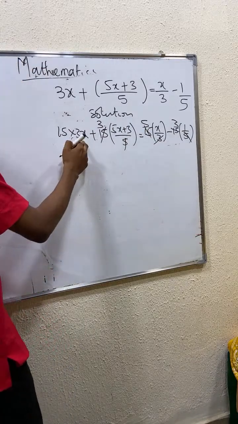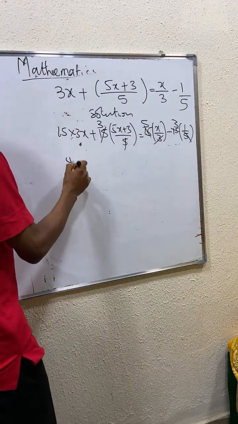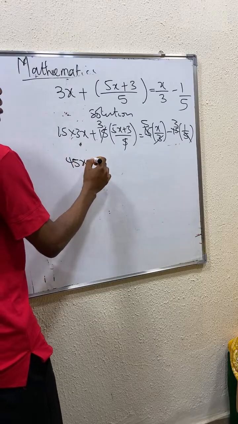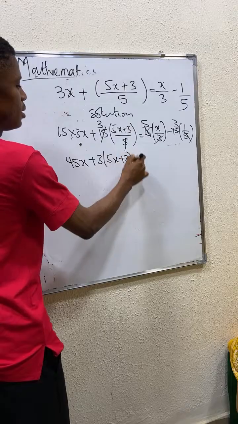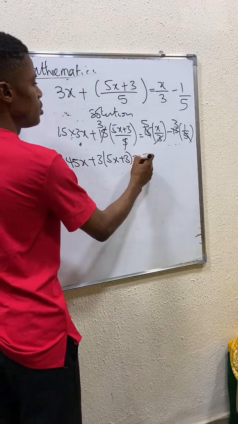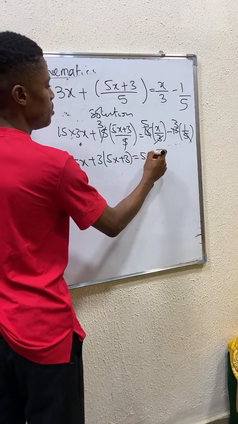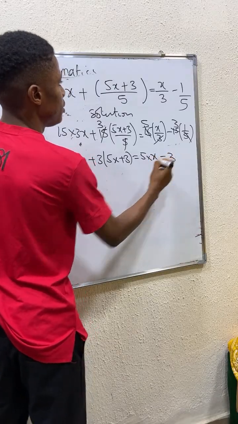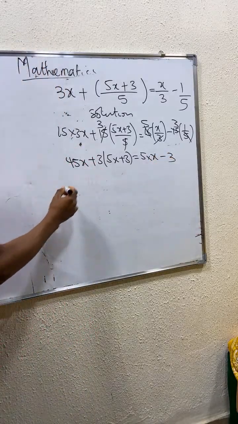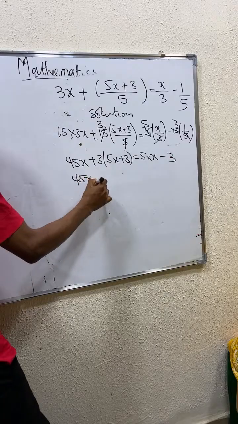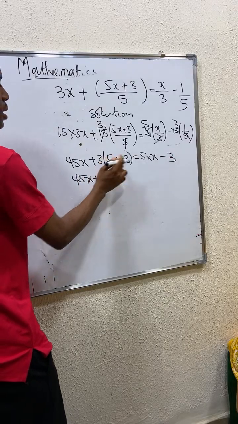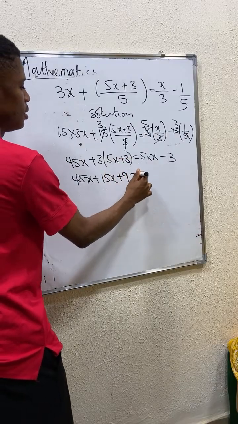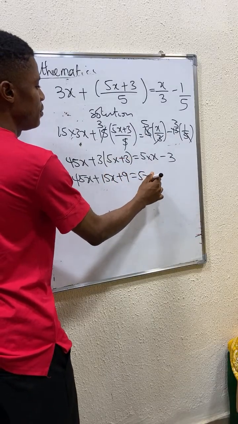So 15 times 3 is 45x, then plus 3 times (5x plus 3) is equal to 5 times x minus 3. And that's 45x plus 3 times 5x is 15x, 3 times 3 is 9, and that's equal to 5x minus 3.